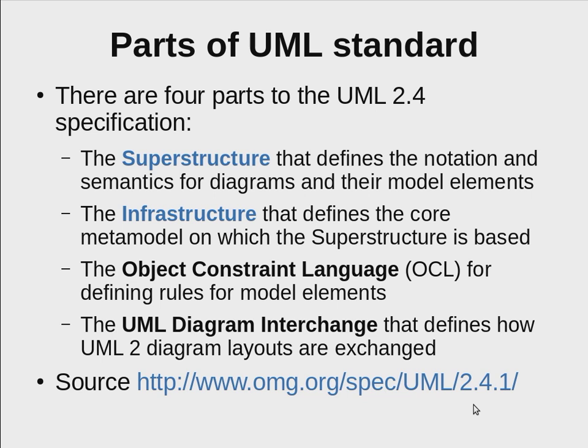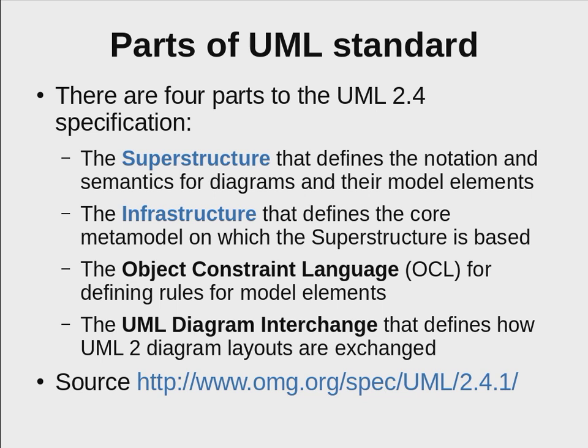And what are the parts of the UML standard? There are 4 important parts of this standard. You are mostly interested in the UML superstructure. If infrastructure is a building, it's underground and somewhere inside. Superstructure is what you see. Similarly to a ship, infrastructure is below the water, and superstructure is on top of the water, on top of the body of the ship.